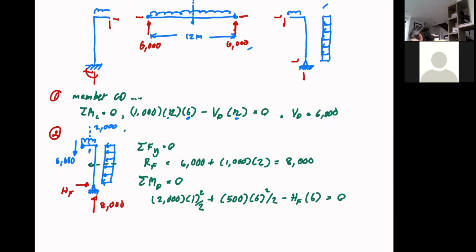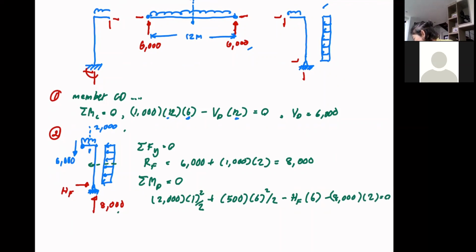Okay, and one more. That's not it. I forgot one more. We also have this presence, 8,000 multiplied by 2 equal to 0. Okay, that's more like it.